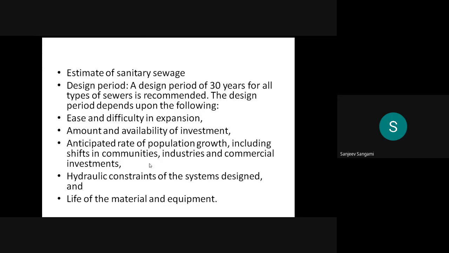Sometimes we have to shift some of the sewer lines, so that it is designed for gravity flow only. Only in very rare cases will we go for a pumping system; that has to be taken care of.